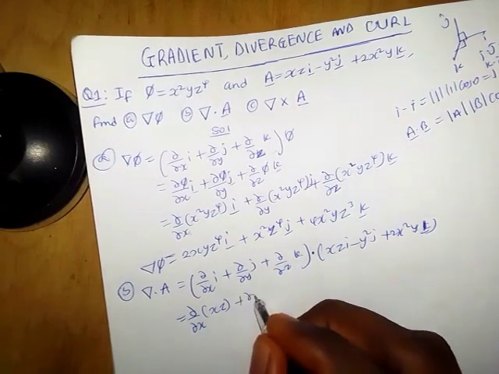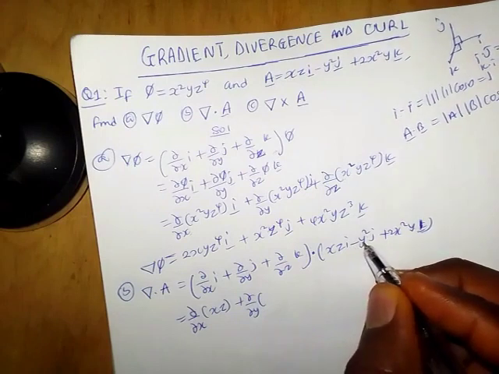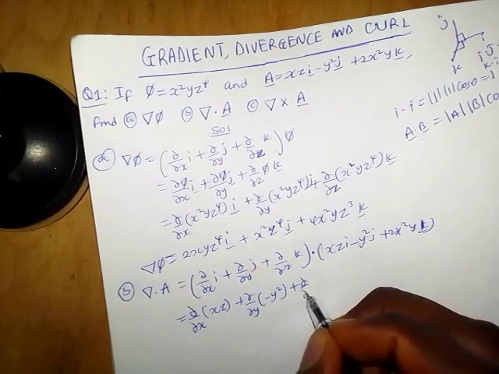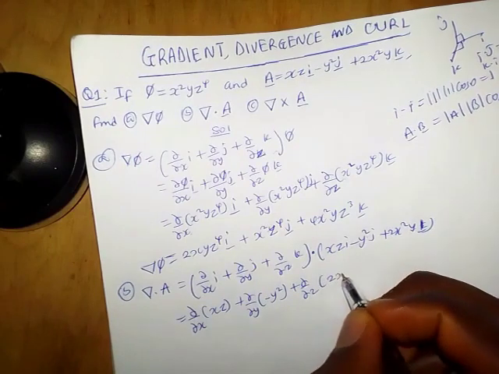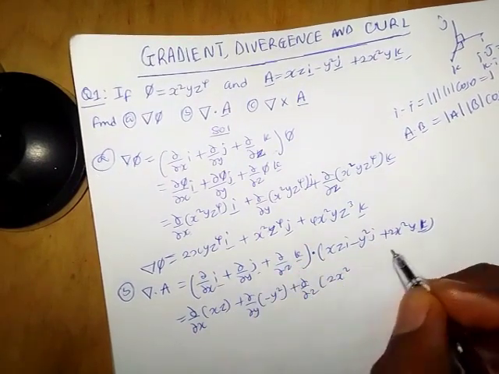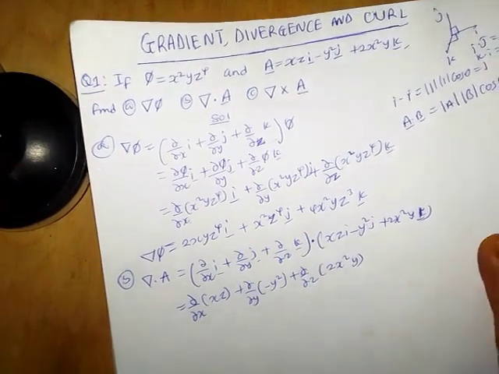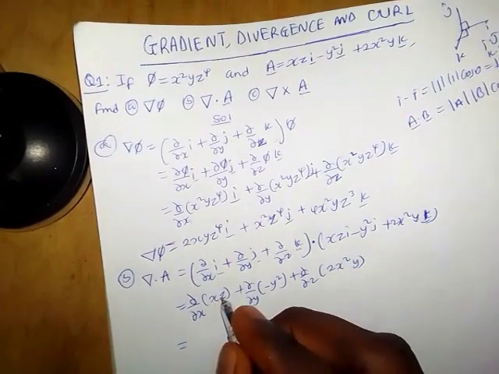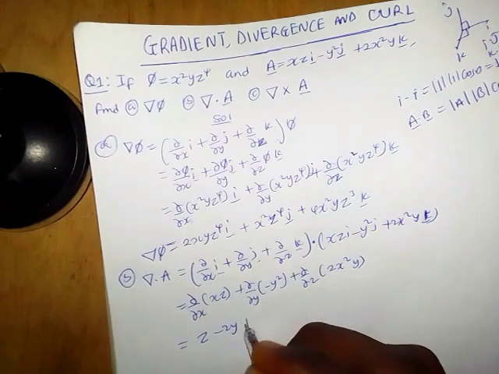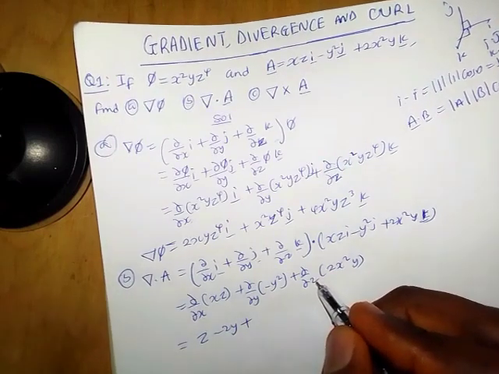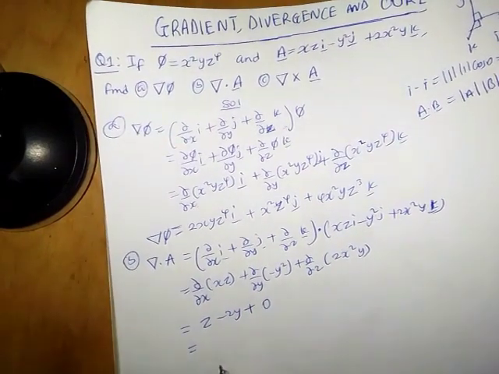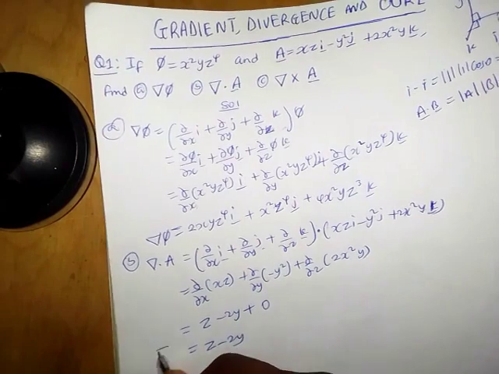The same thing here, we have partial y of minus y squared, plus partial z of the k component, 2x squared y. So now we differentiate. With respect to x, we have z here. With respect to y, we have minus 2y, plus with respect to z, we obtain 0. So our divergence is simply z minus 2y.